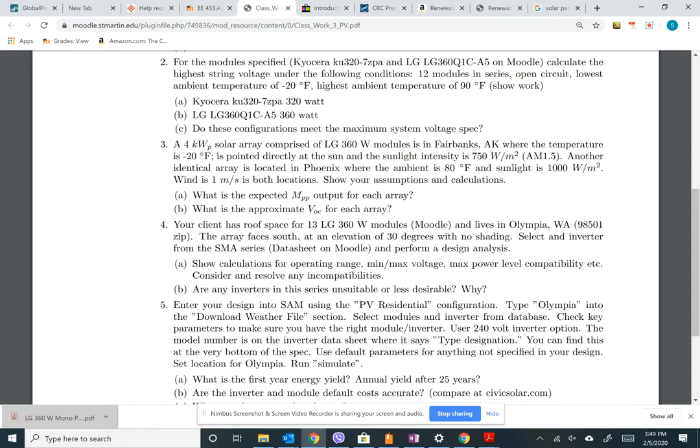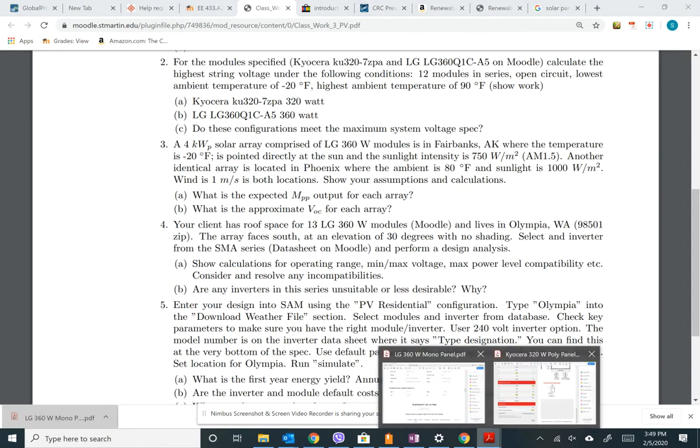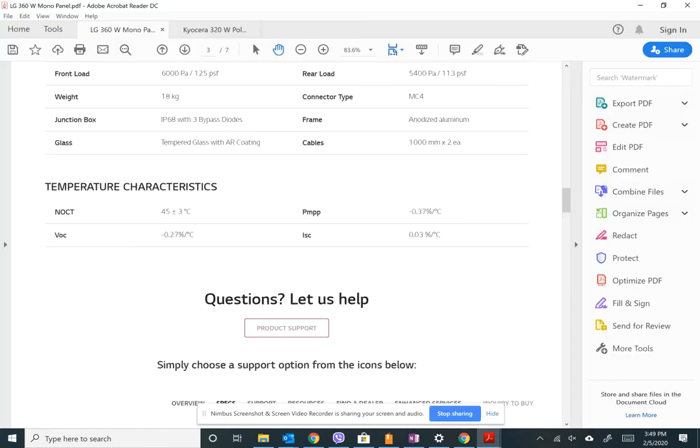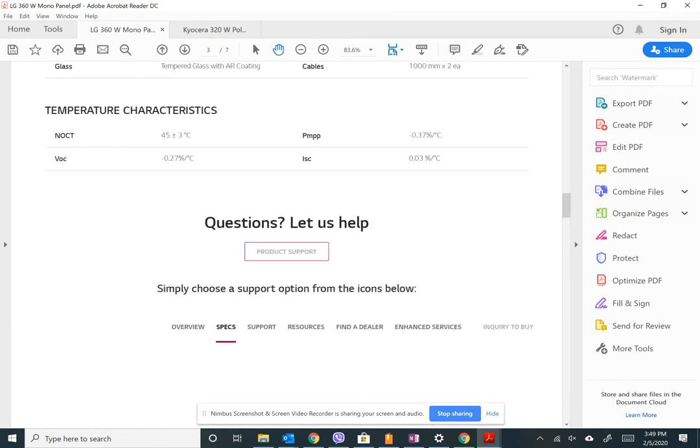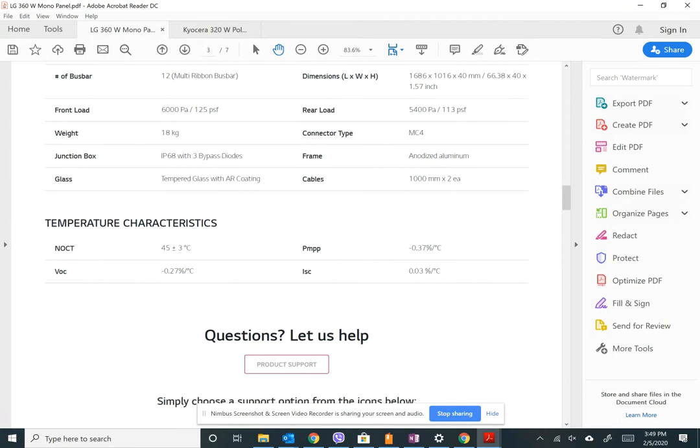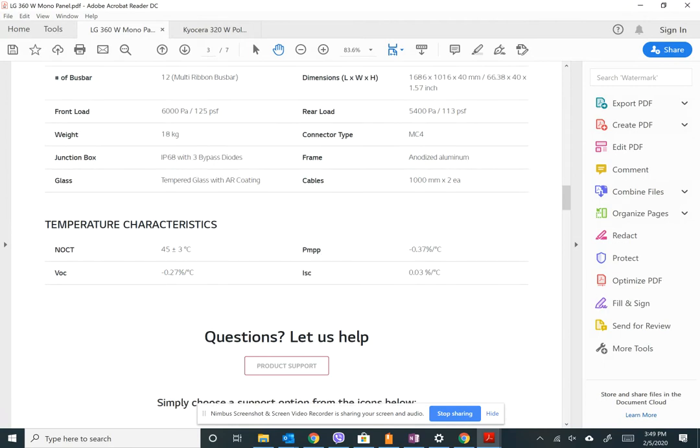Temperature coefficient is going to be, I'll pull it up. Very bottom. Or, sorry, not total bottom, but bottom of the important information right here. Right. Yeah.